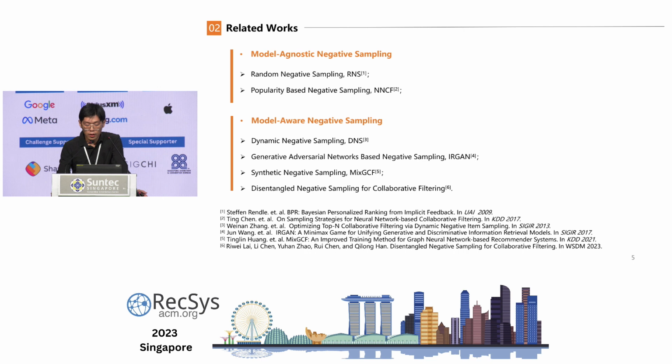And the other is model-aware negative sampling. This strategy takes into consideration some information of the model. The most famous work is hard negative sampling. It assigns higher sampling probability to negative items with larger prediction scores, for example, DNS.